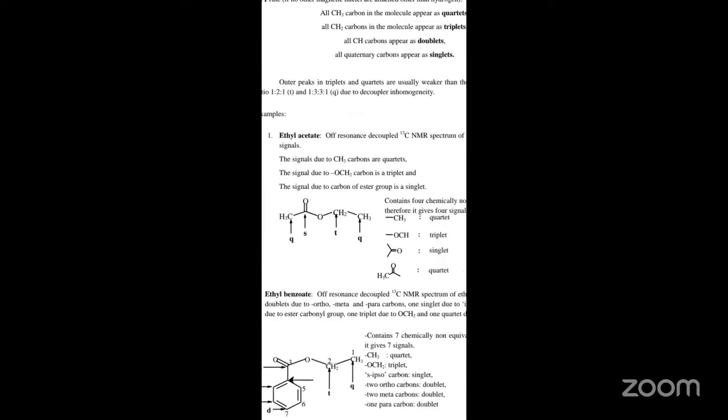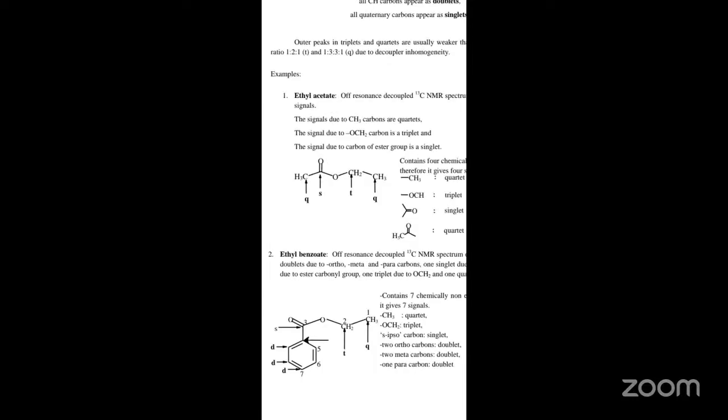Here an ethyl ester compound is given, and if you see the signals for this ethyl ester, the CH3 acetyl group, the acetyl CH3, appears as a quartet here because there are three protons directly attached to the carbon.